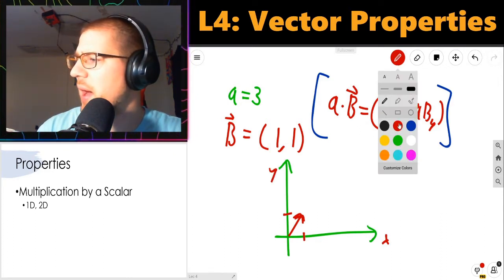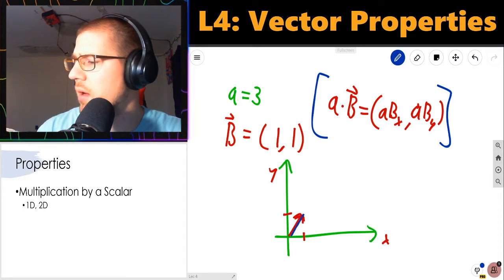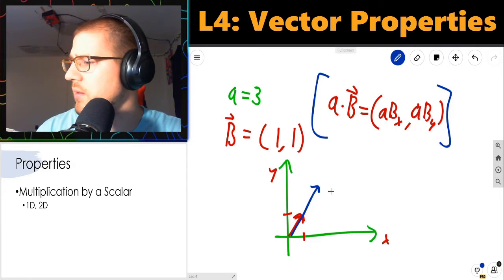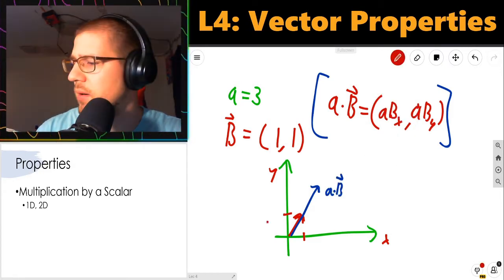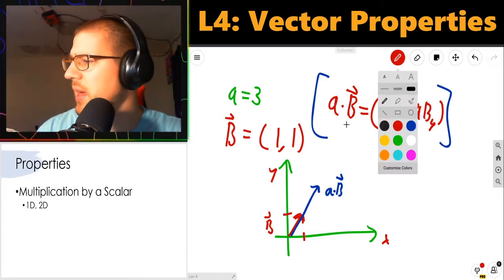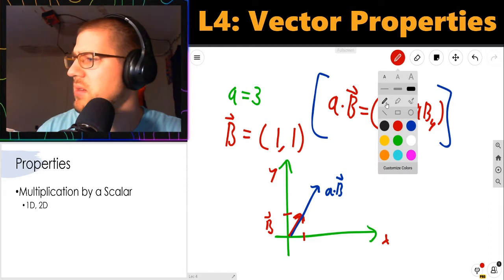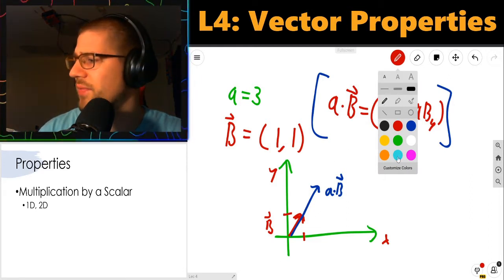Now, if I multiply it by a, so a times b, that's 3 times as long. That's going to be at the point 3, 3. So this is a times b. The red one here is my b vector, and if I just scale it by some constant, I'm going to get a different vector that sits on the same general line.